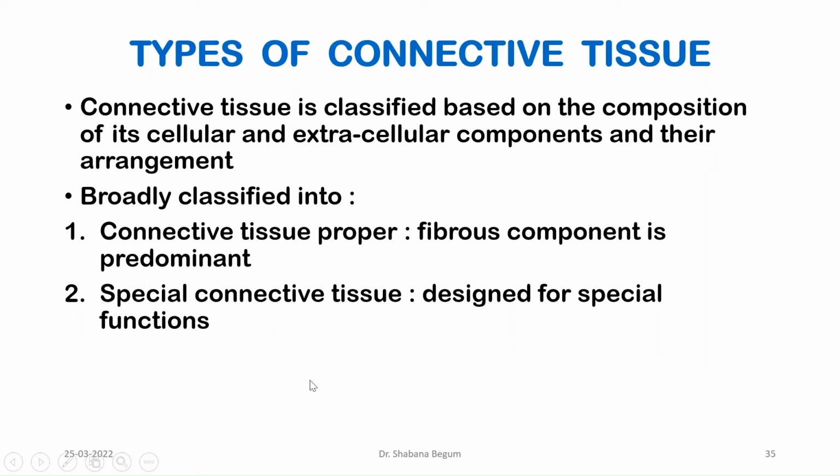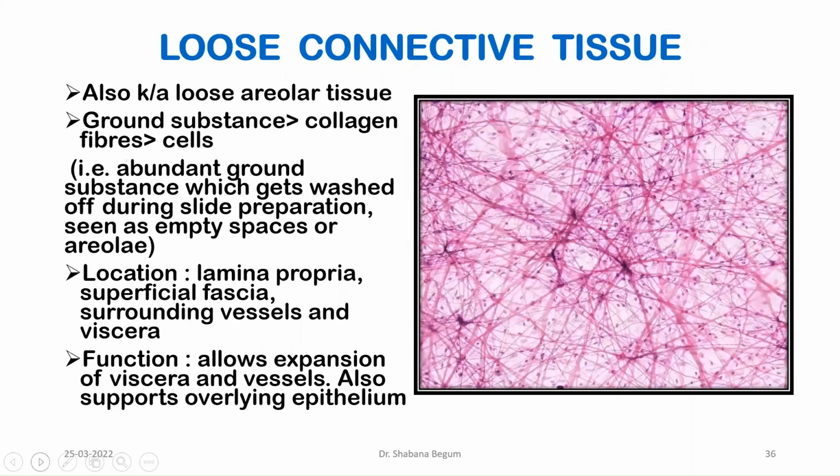Now, this connective tissue is classified based on the composition of its cellular and the extracellular components. So, connective tissue proper is where the fibrous component is predominant, and the special connective tissue is designed for special functions. So the first is the loose connective tissue, also known as the loose areolar tissue. Here the ground substance is more than the fibers, and more than the cells.